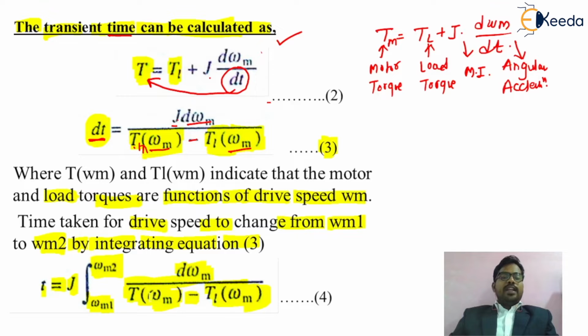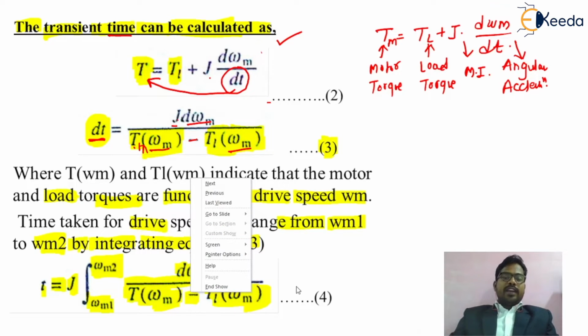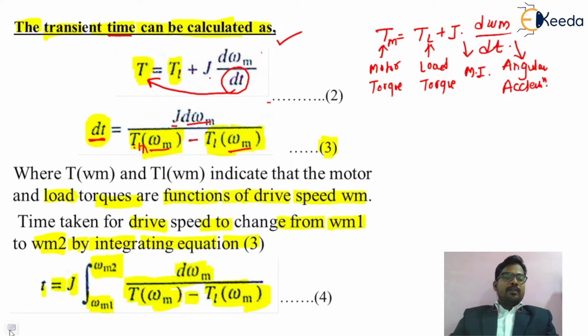T of omega m is the motor torque, and TL is the load torque, which is a function of the speed. So this will be the required equation to calculate the time of your electrical drive. This is a very important equation, equation number 4. By this equation number 4 we can get the time of that particular reversal of your motor.